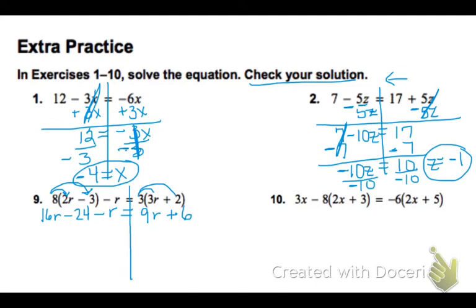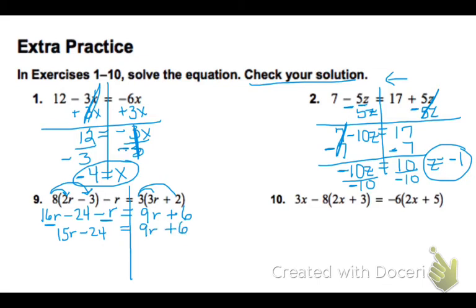Okay? All right. Now, looking at the left, I still can simplify more because now I have some like terms, my 16r and my negative r. So I'll take 16r plus negative r, and I'll get a positive 15r. Minus 24 is equal to 9r plus 6.